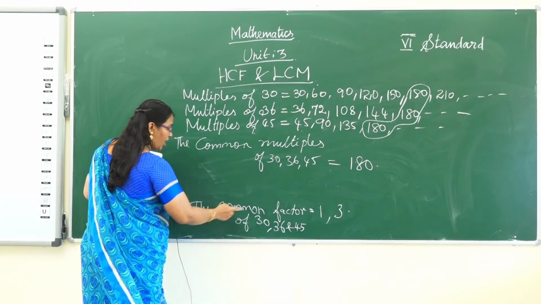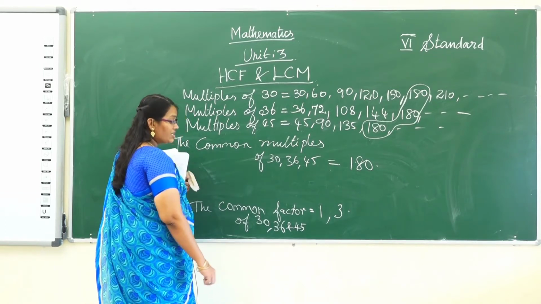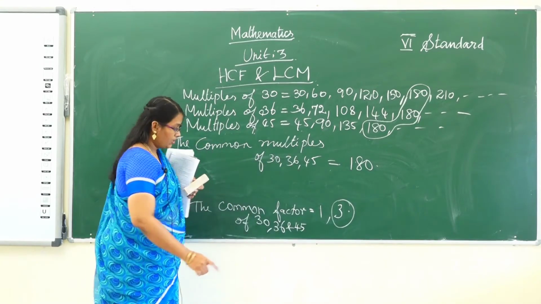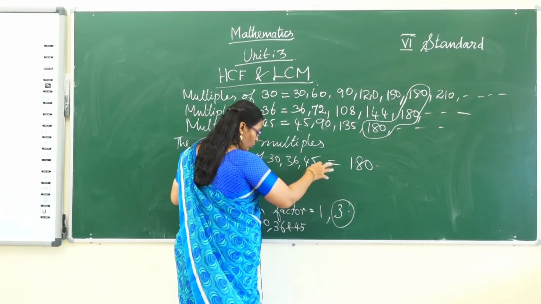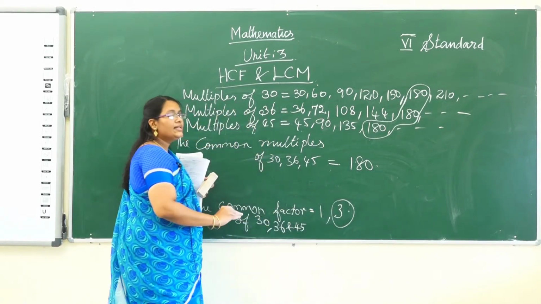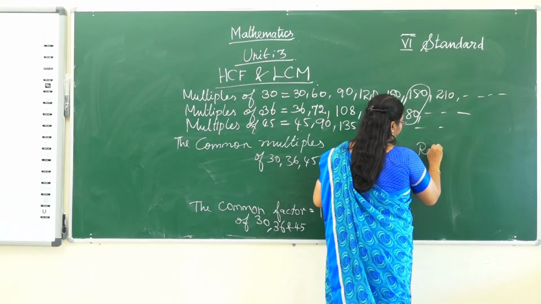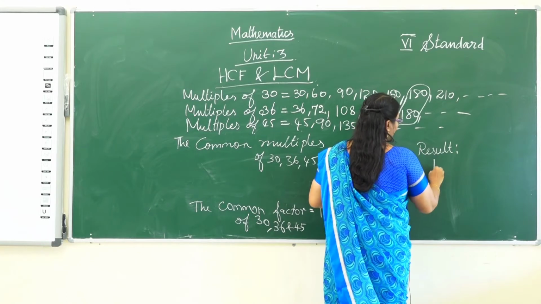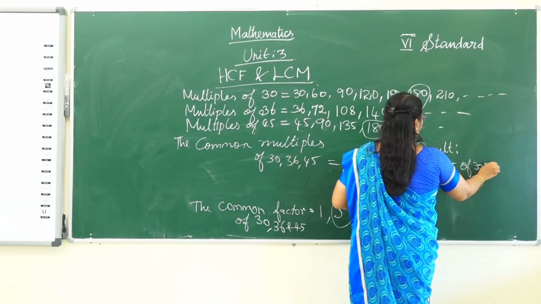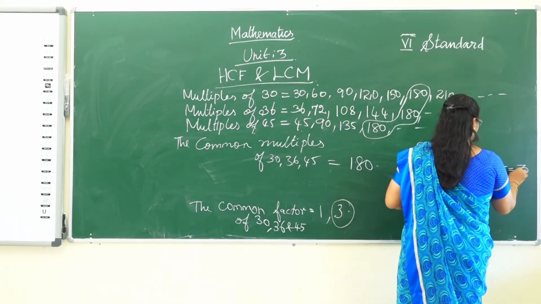Here the common factors are 1 and 3. So which one is the greatest common factor? 3. The common factors of the three numbers are 1 and 3, of which the greatest one is 3. So the HCF of 30, 36 and 45 is 3.